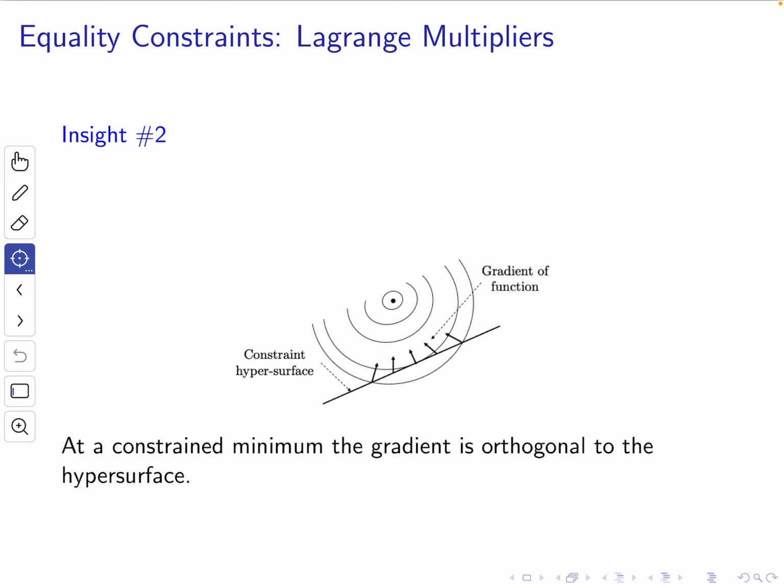Okay, second insight is that at a constrained minimum, the gradient's orthogonal to the hypersurface. So we have this hypersurface. Let's think of it as linear for a minute. And if we look at the gradient of f, here I've drawn the gradient as being a local maximum, but if it was a local minimum, it would go in the opposite direction.